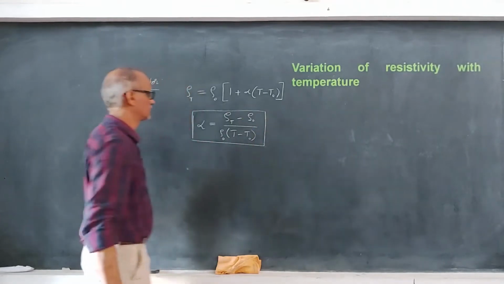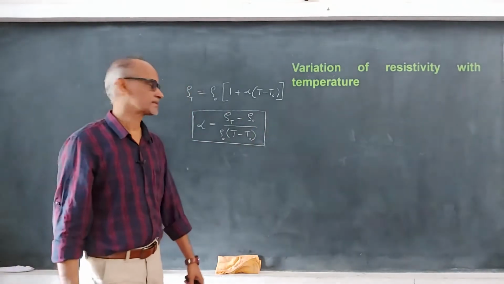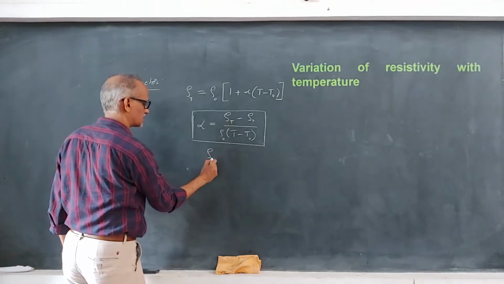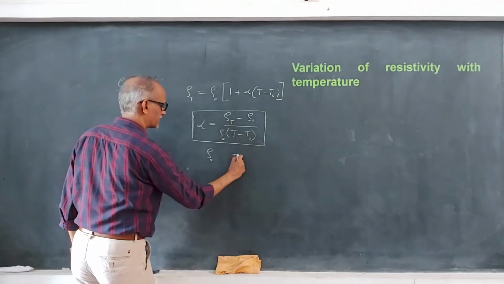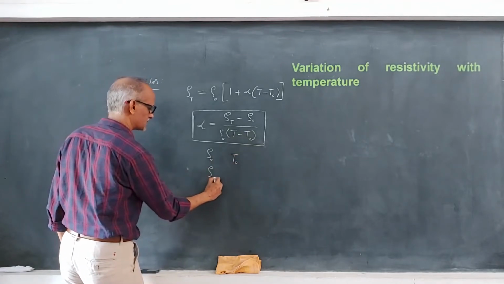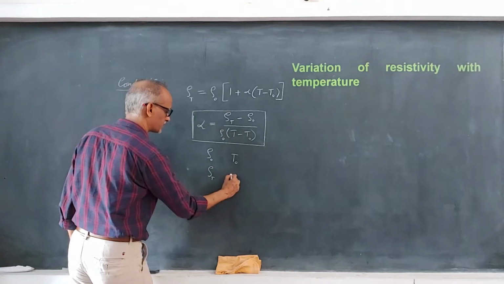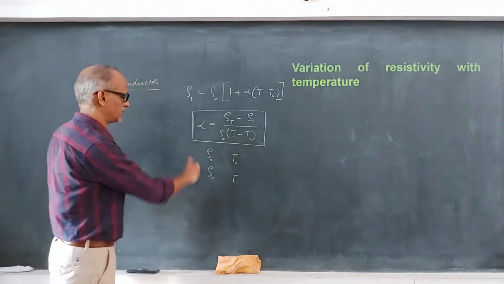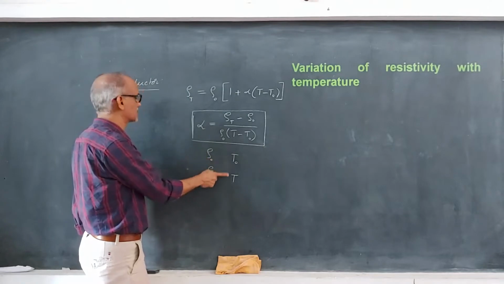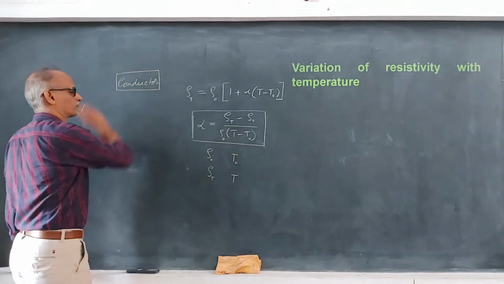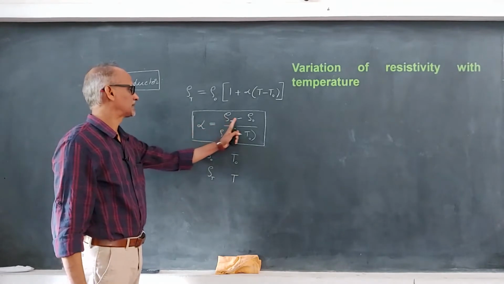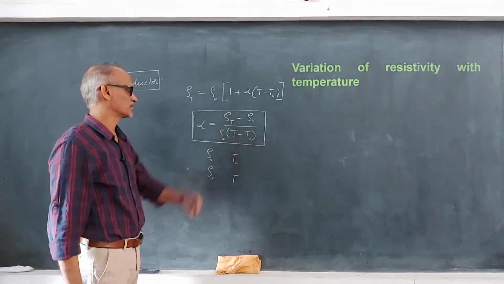So, let us try to understand what exactly these terms are. Rho suffix naught is the resistivity at T naught, and rho suffix T is the resistivity at another temperature called T. Because we know that resistivity increases with increase in temperature in the case of conductor, and that relation is given by alpha is equal to rho T minus rho naught by rho naught into T minus T naught.